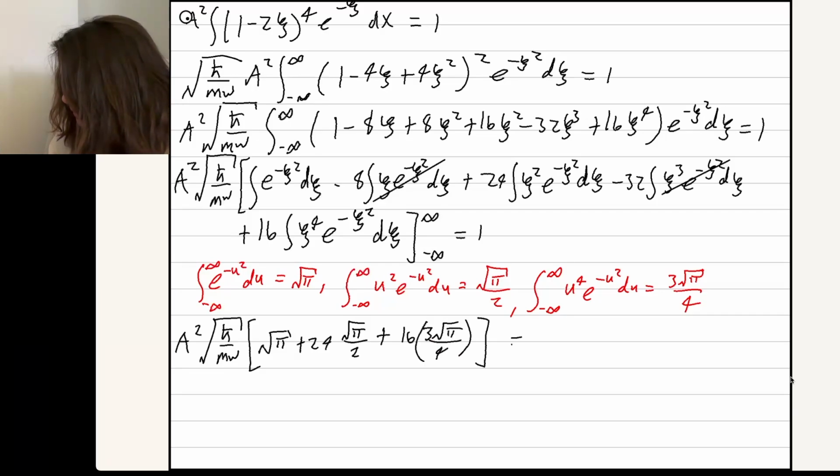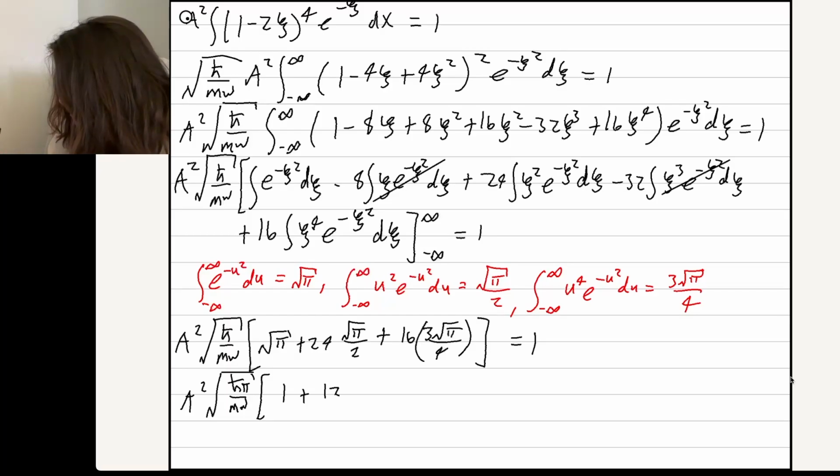Right. So that's not terrible. We'll just factor out the pi from everything, put it in the square root outside, and then we'll have 1 plus 12. 16 over 4 is 4 times 3 is also 12. So add those up, you get 25.